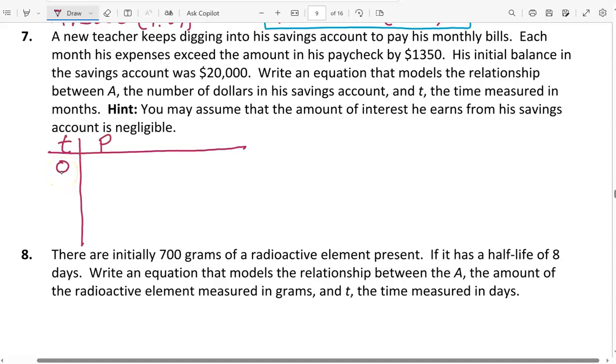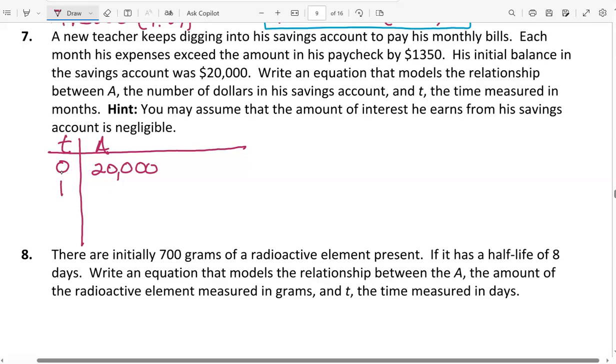So we may insert that at t equals 0, that initial time, the amount of dollars A in his account are 20,000. And then we're representing what happens after t months.